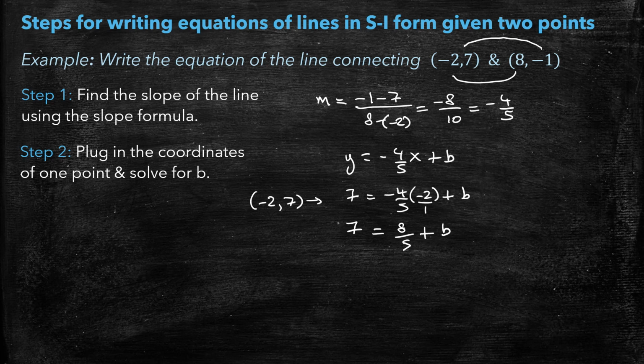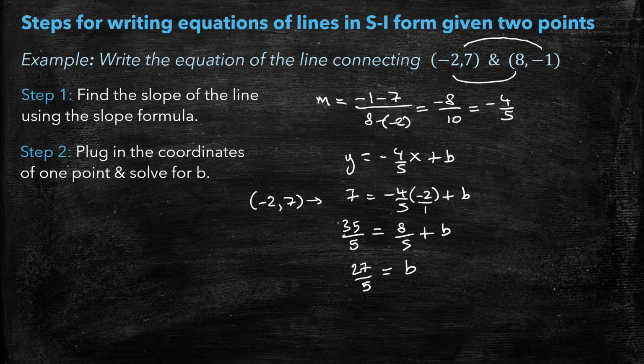Now, since we're going to be dealing with fractions here, we want to rewrite 7 as how many fifths is that? So 7 would be 35 fifths, and then we can just subtract 8/5 from 35 fifths and get 27 fifths for this y-intercept.